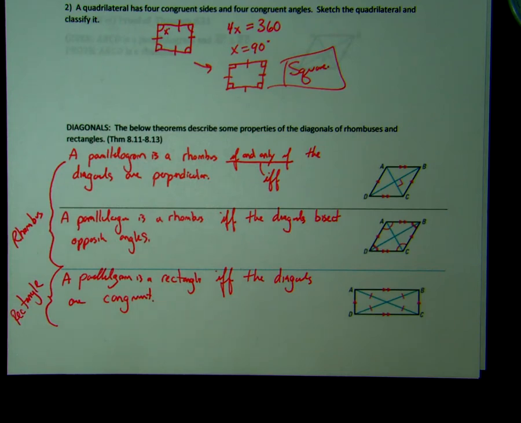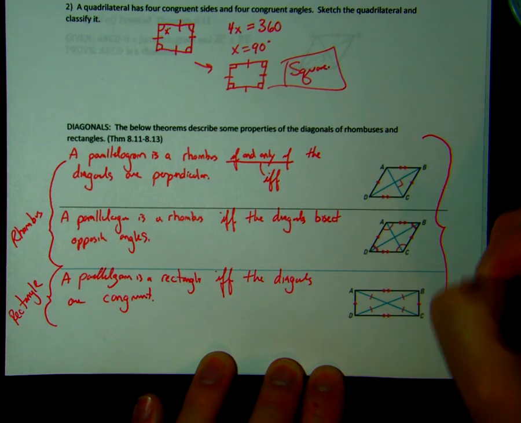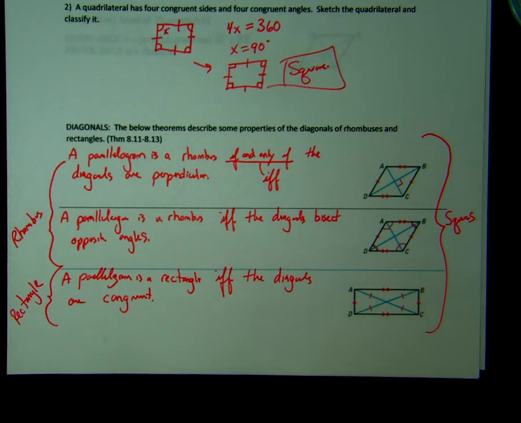So the difficulty here is keeping track of these, but also if you notice we didn't say any of the squares, right? That's because a square would get all of these. Because a square is both a rectangle and a rhombus. So if you were to start keeping track, you see squares have lots and lots and lots of properties.